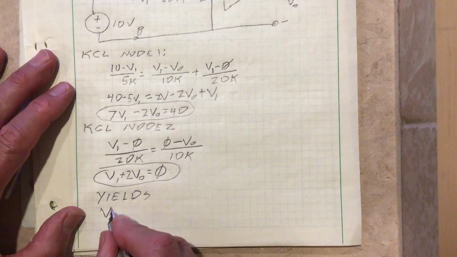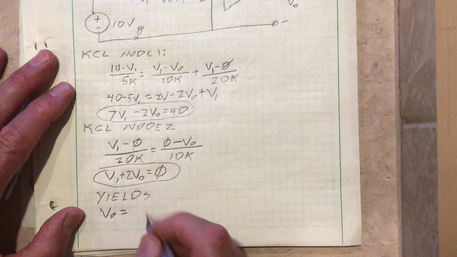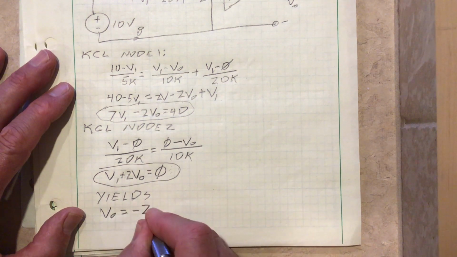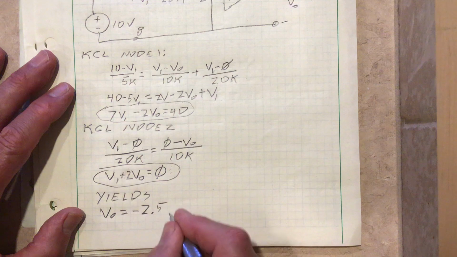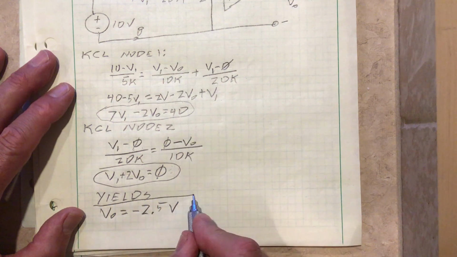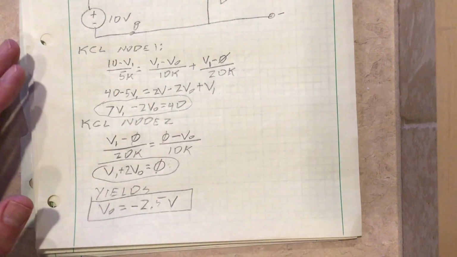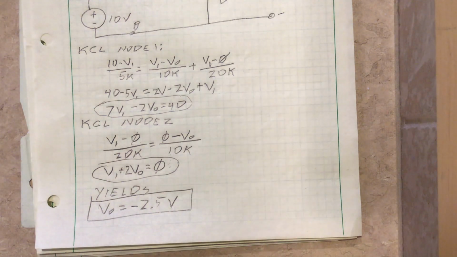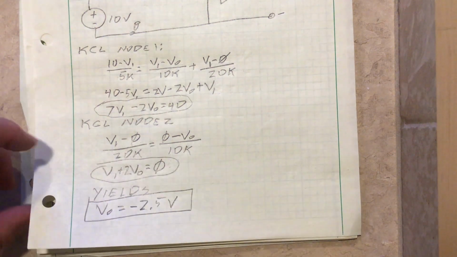This gives me a V out of minus 2.5 volts. There we go. So that's what we want to do there. Lovely, lovely. Isn't that great? Brings tears to your eyes, doesn't it?